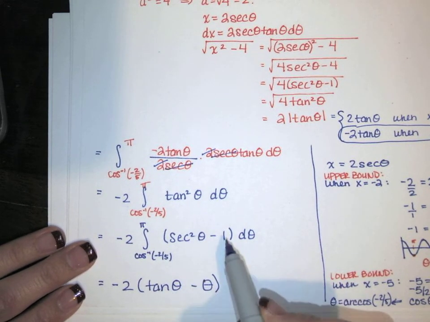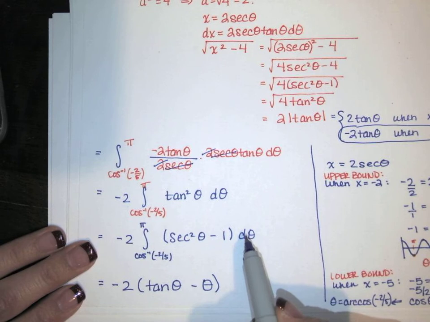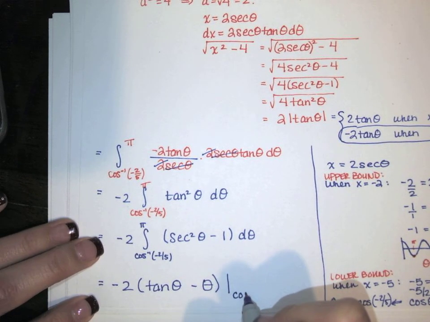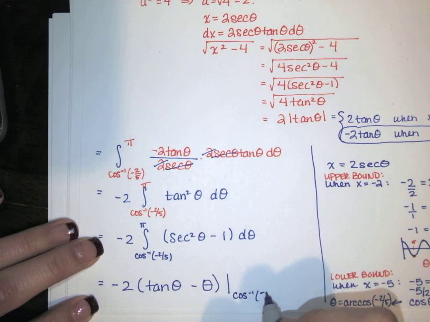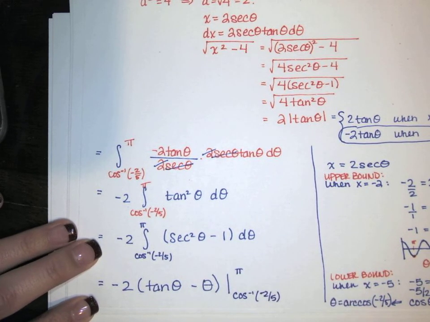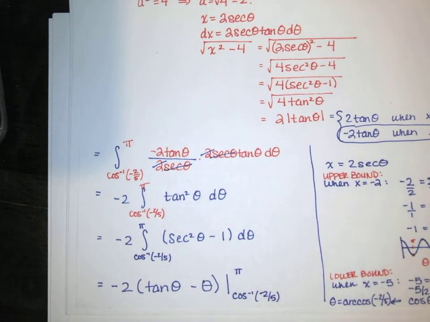Antiderivative of secant squared is tangent. Antiderivative of 1 with respect to theta is theta. You're going to substitute in inverse cosine of -2 over 5 and pi, and you're going to subtract, and that's going to be the answer. You do not have to back substitute. If you wanted to, you could evaluate the indefinite integral. You could find the antiderivative first and then plug in the bounds. Either way, you're going to get the same answer.